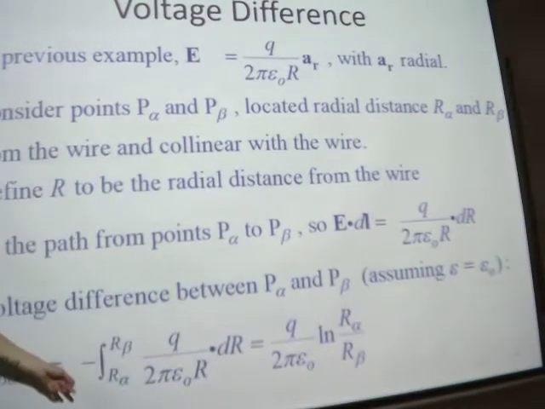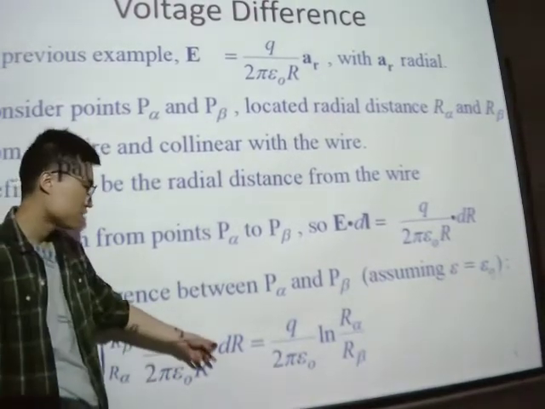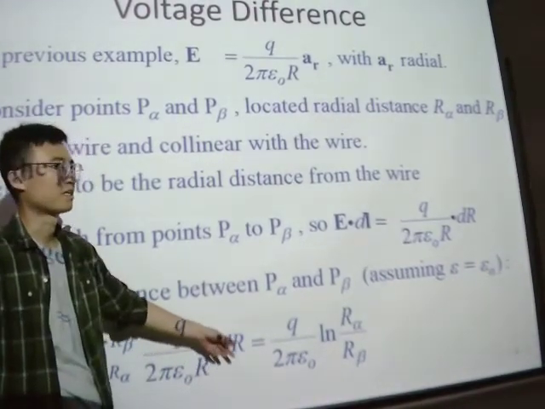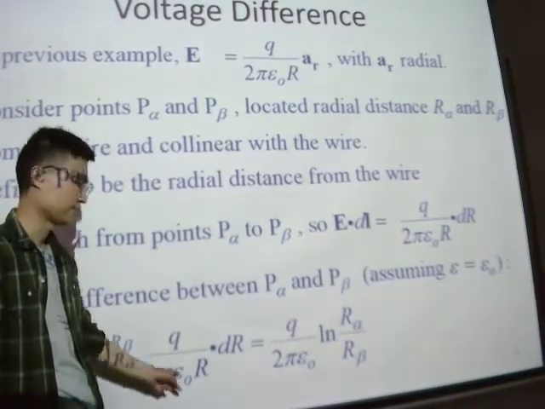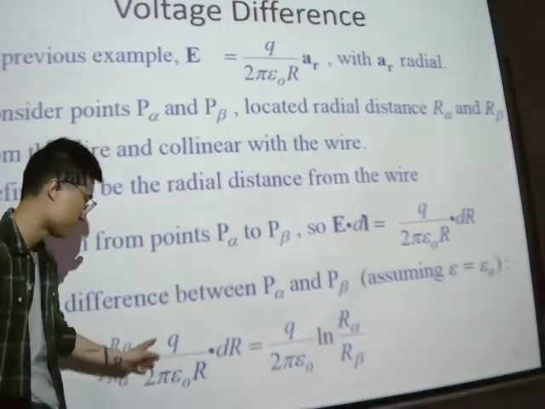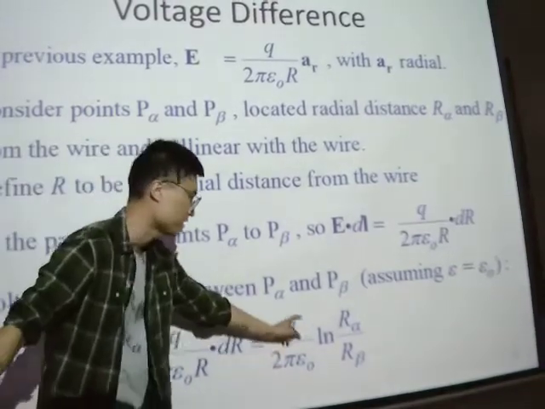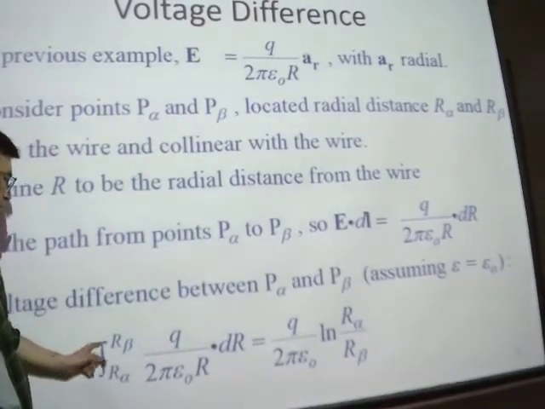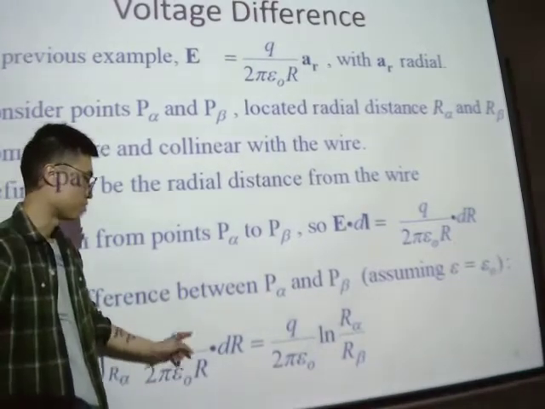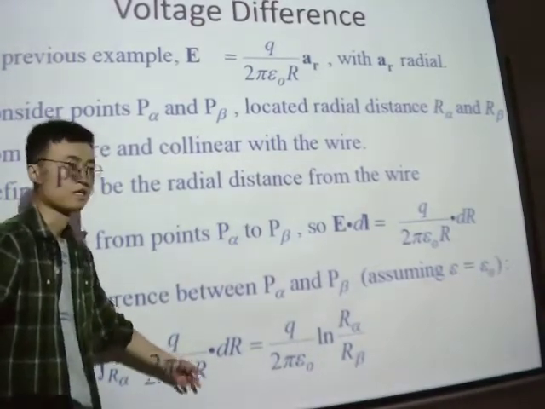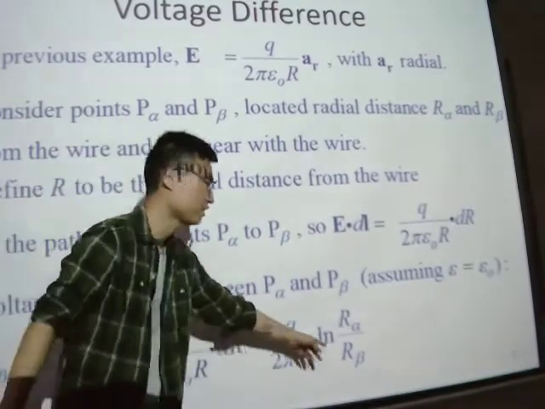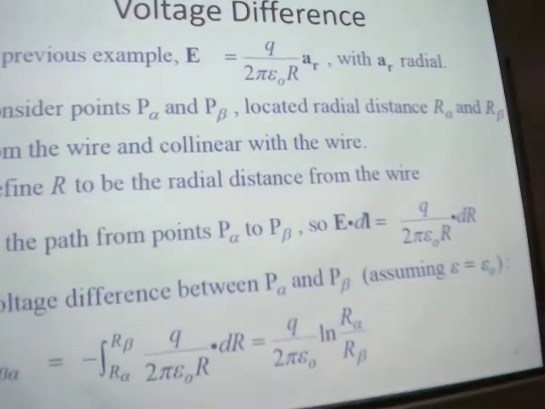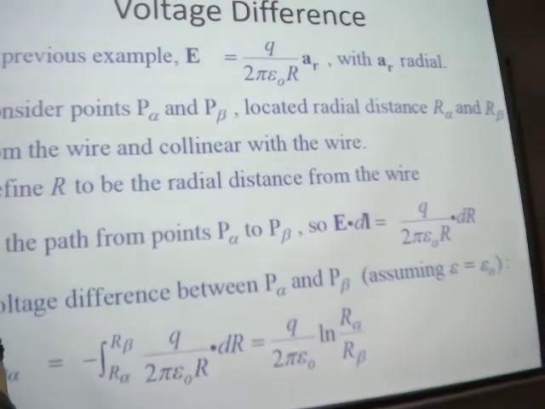In this integration, the differential is uppercase R, the radial distance, so that this four is a constant with the charge, okay, charge. And so this is the integration of dR divided by the uppercase R. You know how to calculate this, okay? Here. Yeah, you remember the calculation method?